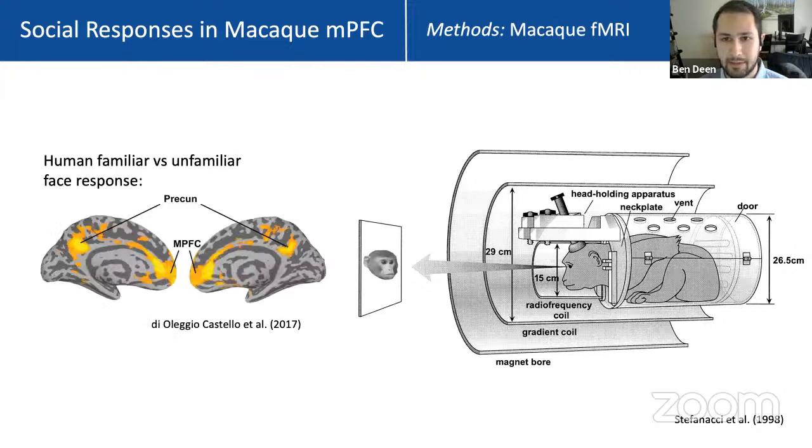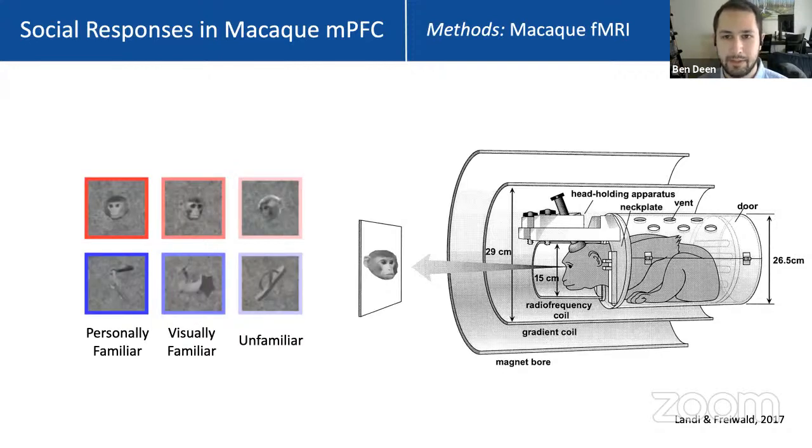So here we're going to capitalize on the fact that in humans, these regions don't just seem to respond to high-level social cognition tasks, but also, as it turns out, respond when you just perceive an image of a familiar face relative to an unfamiliar face or a non-face object. So specifically, we showed macaques 6 categories of images: personally familiar faces and objects.